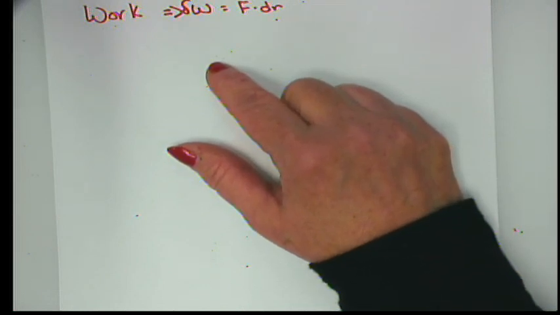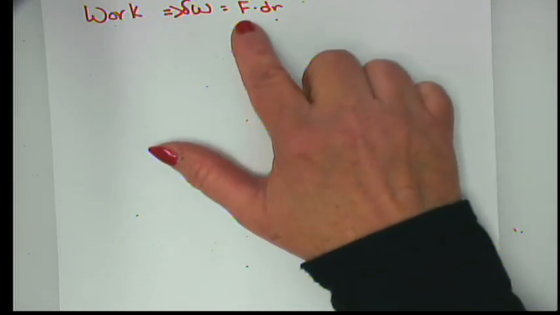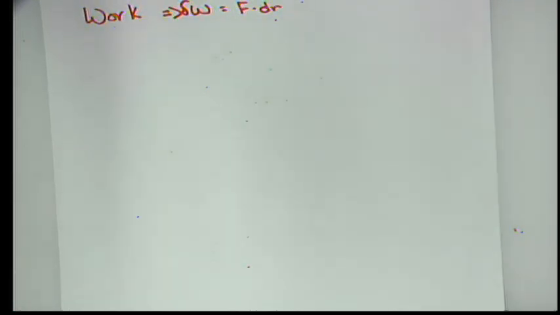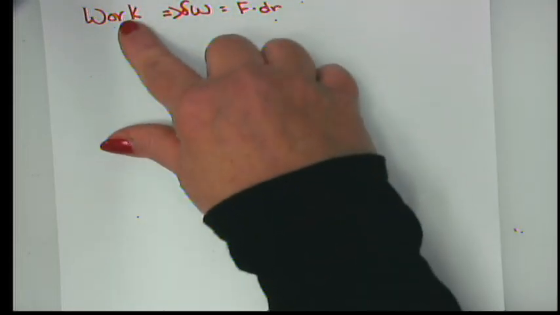Okay? So what that means is if there's no force, there's no work, and if there's no distance, there's no work. So something has to move in order for work to happen. So if I push on this table, I can push on this table all day long, and I can use all my strength to do so, and if the table doesn't move, how much work did I do? 0. That's exactly correct.